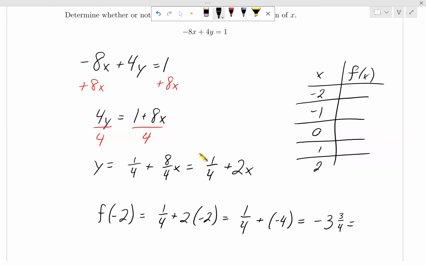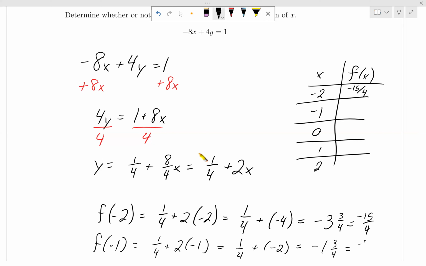I'm going to write this as a bigger fraction, -15 over 4. All right. If I plug in -1, I'm going to get 1/4 plus 2 times -1, which is 1/4 plus -2, which is -1 3/4, which is -7 over 4.